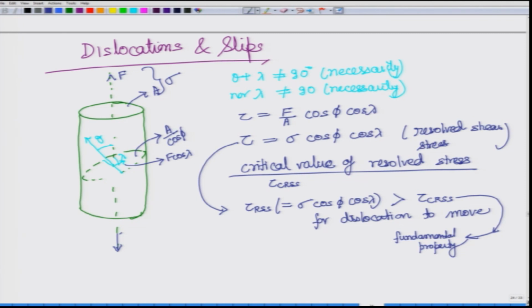Or in other words, if you keep increasing stress, applying force on a particular area, which is equivalent to applying a stress, then the one plane on which the resolved shear stress exceeds the critical resolved shear stress value first will start to slip.